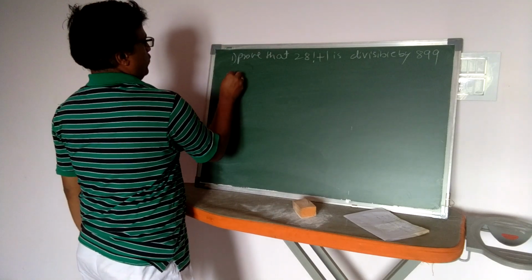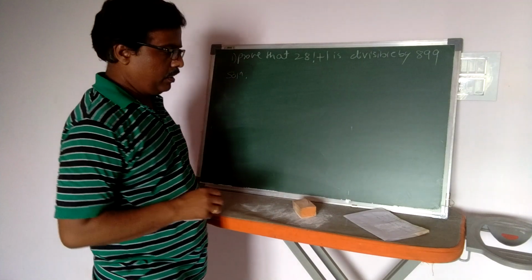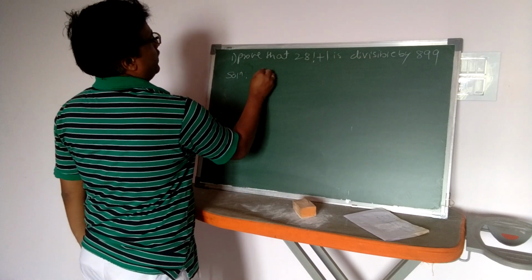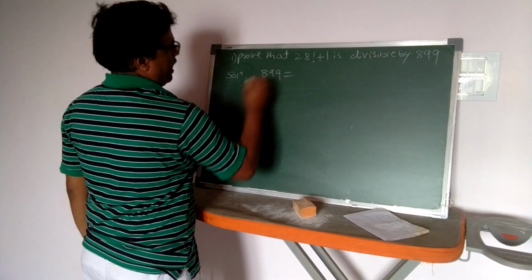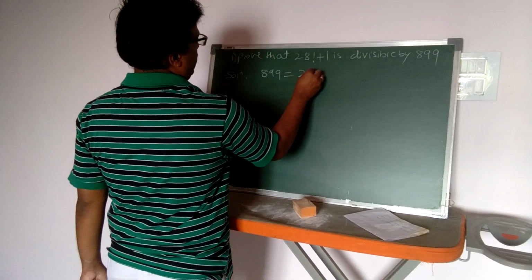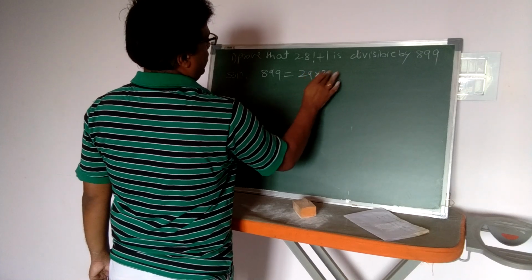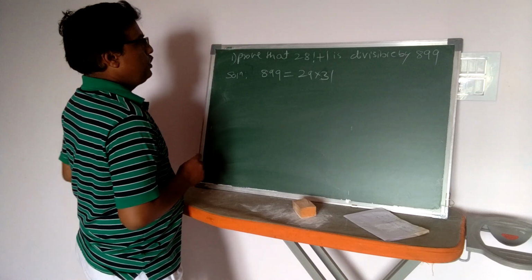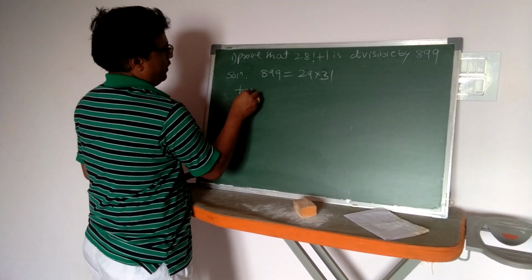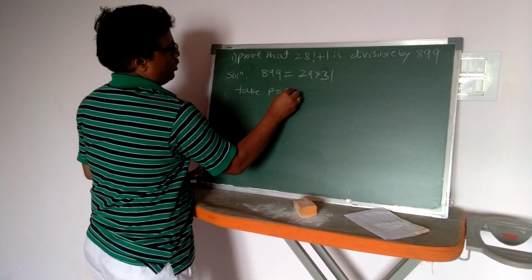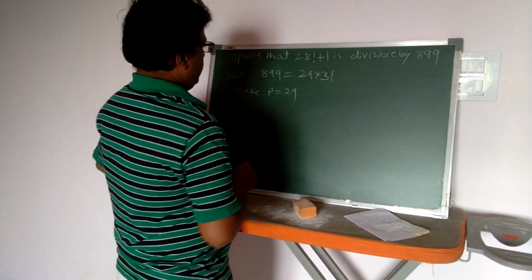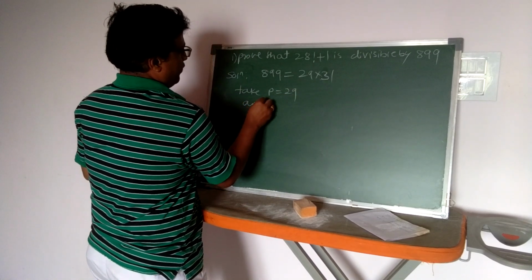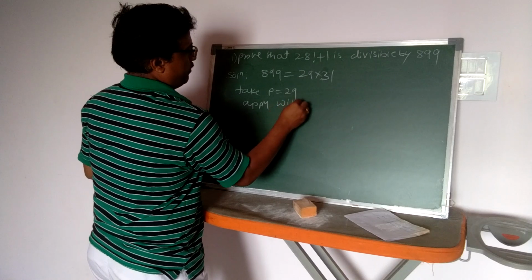Okay, so solution. Now here write 899 as a product of two prime numbers, that is 29 into 31. So first take p is equal to 29 and apply Wilson's theorem.